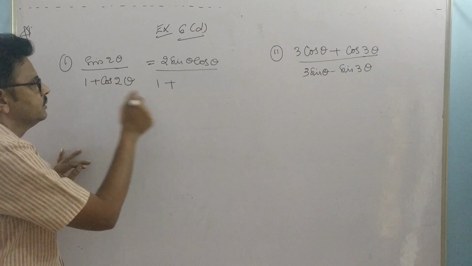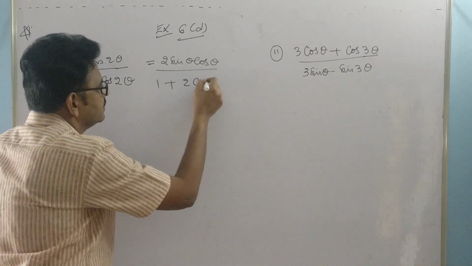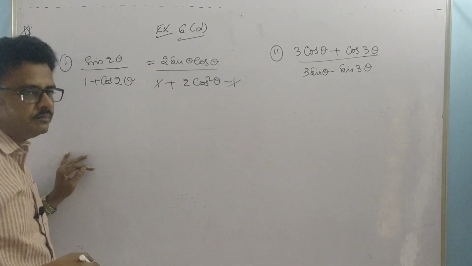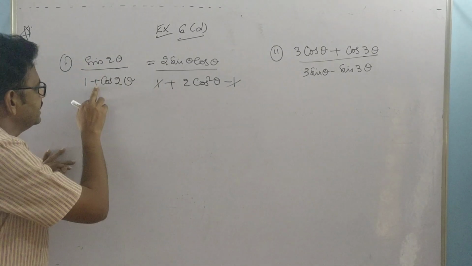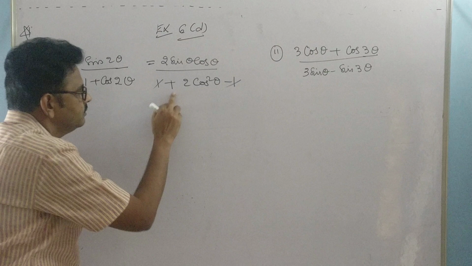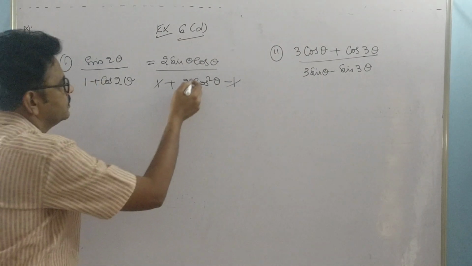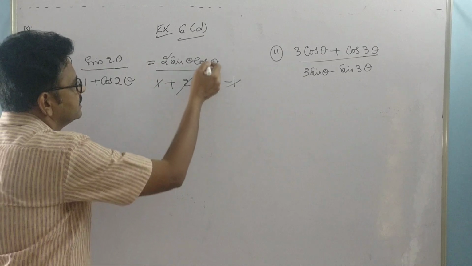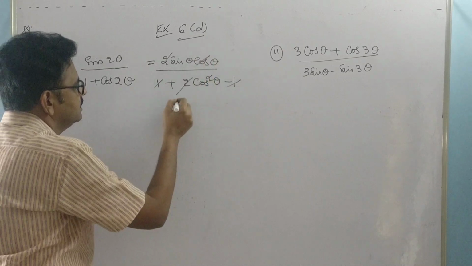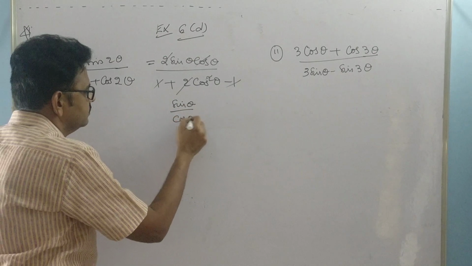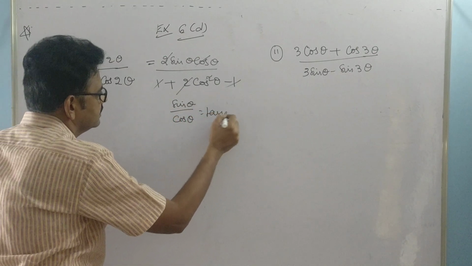You write 2 cos square theta minus 1, why? Because 1 gets cancelled. Suppose if it is 1 minus, then you write 1 minus 2 sin square theta. So 2 gets cancelled and sin theta cos theta cancel. The only thing left is sin theta by cos theta, which is equal to tan theta.